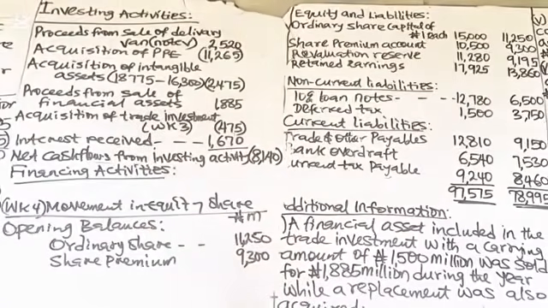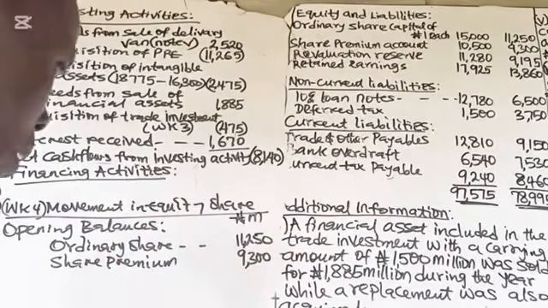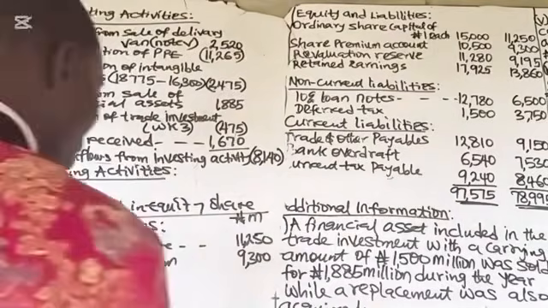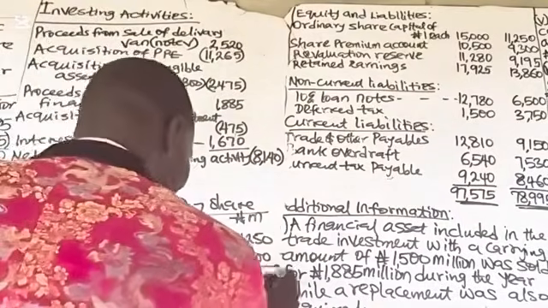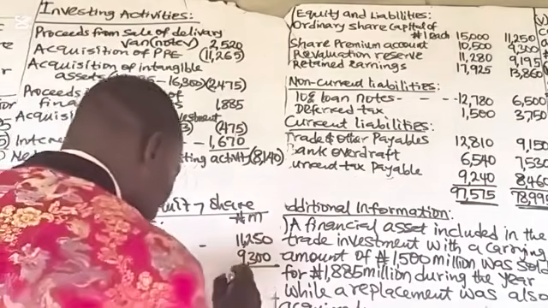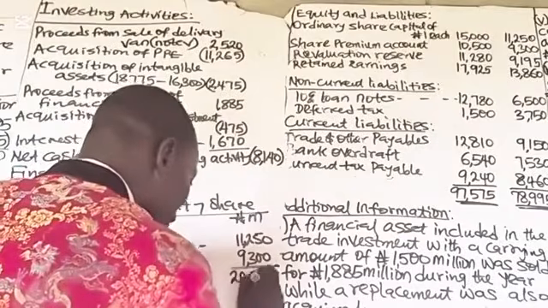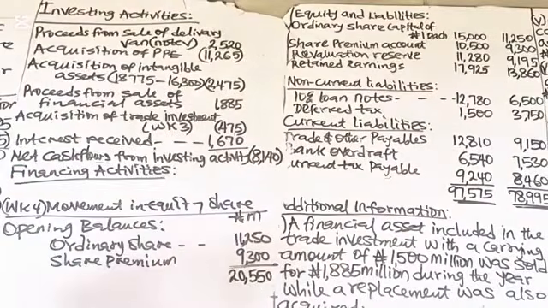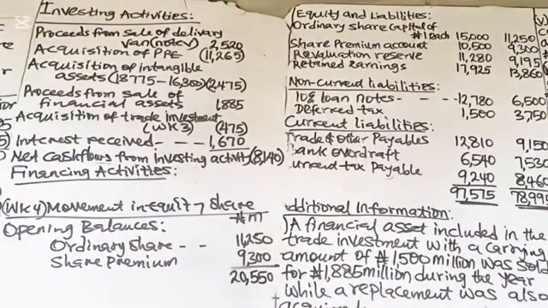There are no bonus issues during the period. So if you sum this up, how much is the total? 11,250 plus 9,300. That is a total of 20,550. After this, you consider the closing balances.